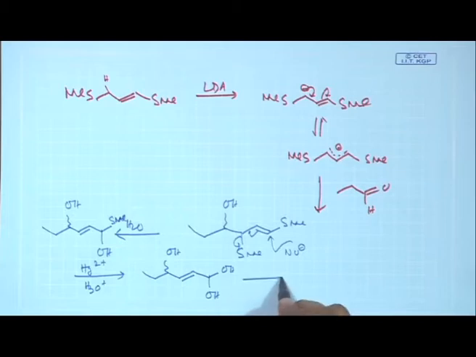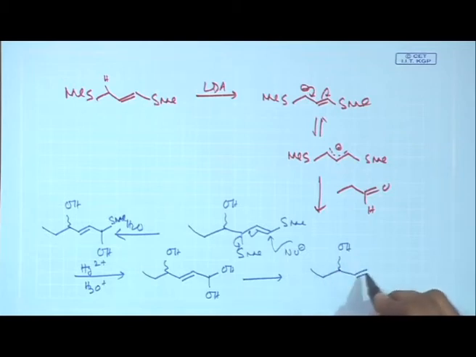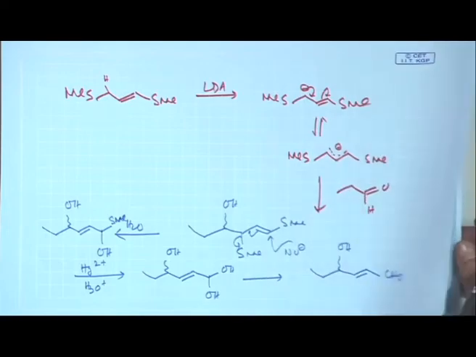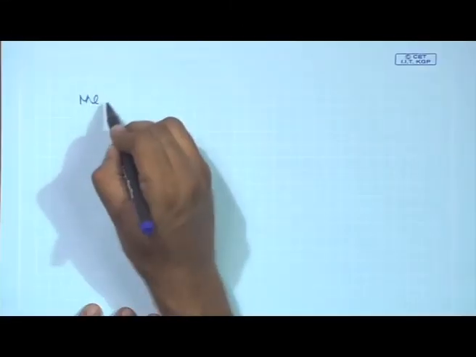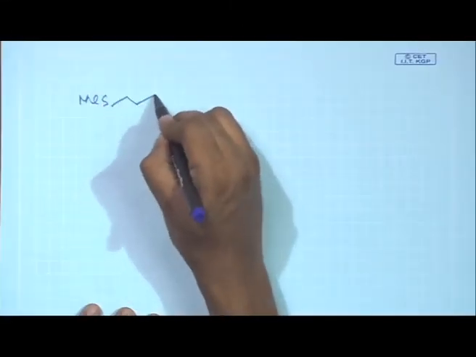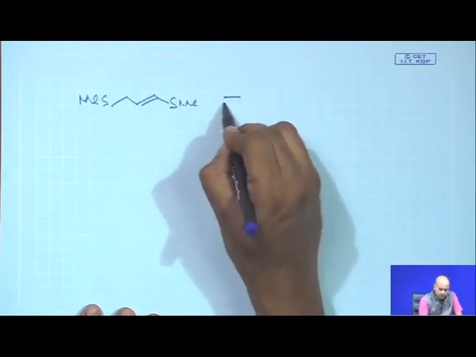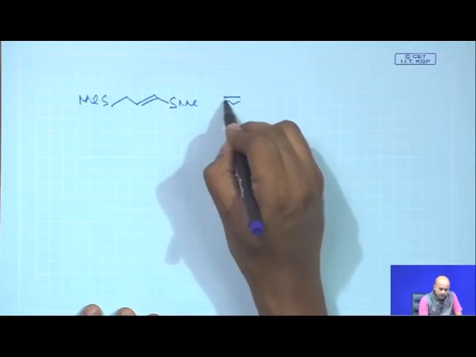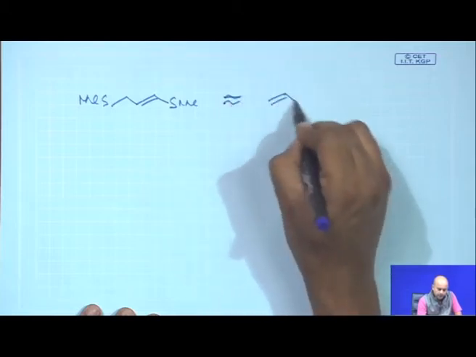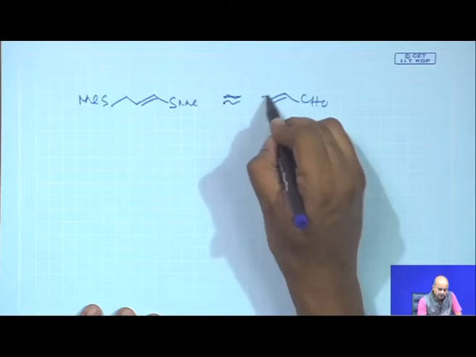This compound is simply an acetal, which will instantly open up and will give you the required compound. So, in the whole process you can basically formulate that this initial compound which has been synthesized, this allyl vinyl sulfide, was the equivalent of this vinylic aldehyde.